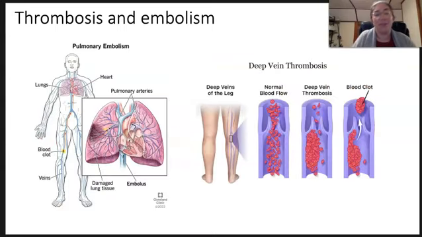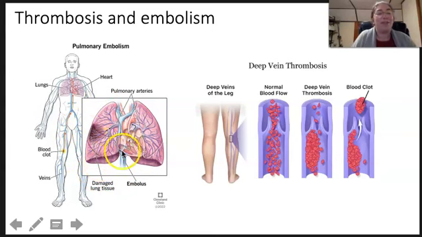So a particularly serious type of embolism is a pulmonary embolism. This is when the thrombus or fat or whatever gets lodged in one of the pulmonary arteries. The larger the artery that's blocked, the larger the area of ischemia and necrosis in the lung.